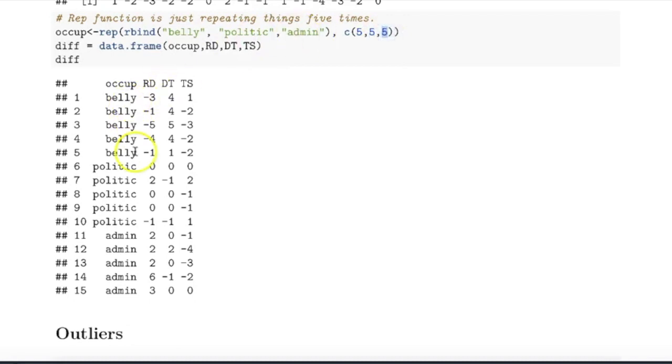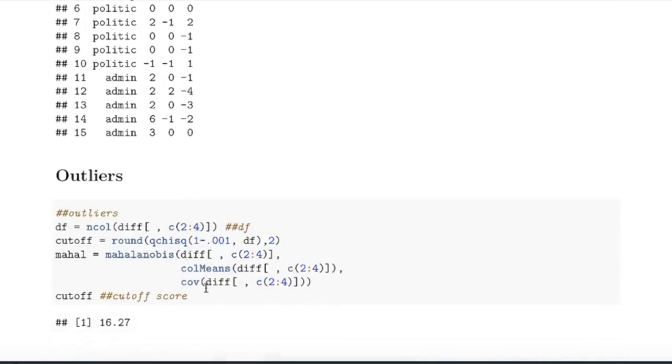And that's what it's doing here. It's creating this column. And then I'm going to save everything into a data frame called diff for differences. So I just put occupation there, and then I just put the vectors I already created that have the differences in there, and that's what it would look like. It's not bigger than what we already have, but it is different than our original data set because what we have here is differences.